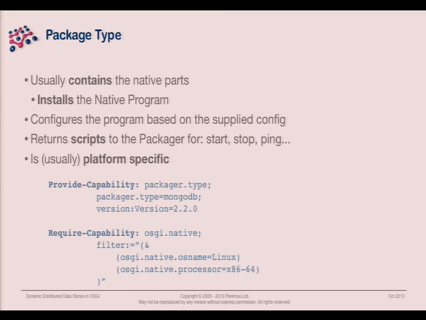So, it's important to be able to specifically state that we require this capability, the native namespace, that we need to have that processor, so that when it comes time to deploy, you know that you shouldn't use this version of Mongo, you should use the version of Mongo that's for Linux 32-bit or some other platform on PowerPC.